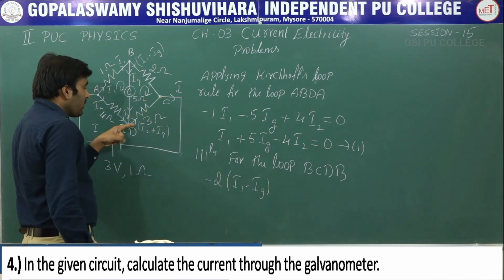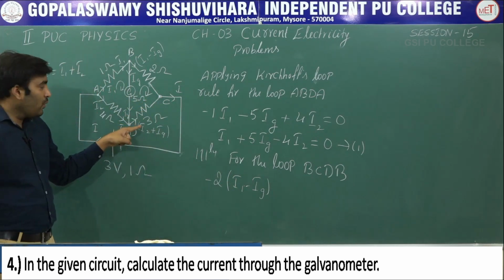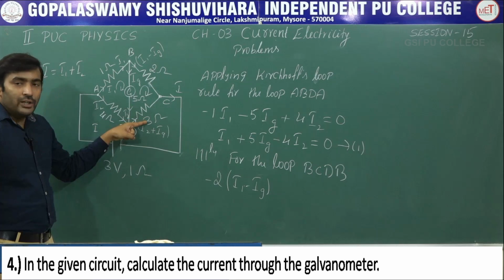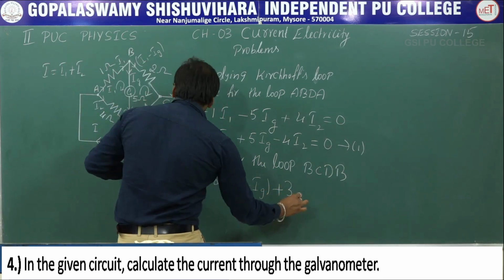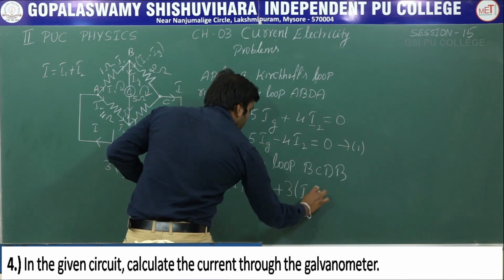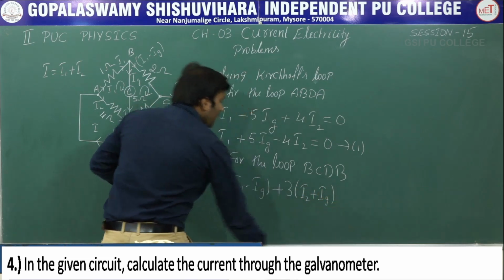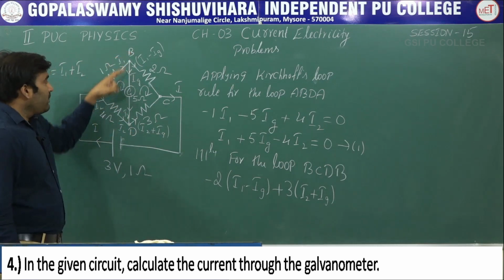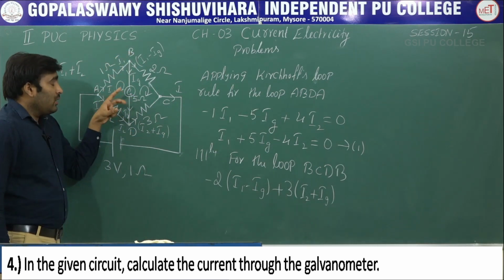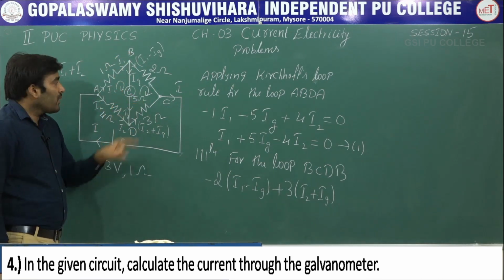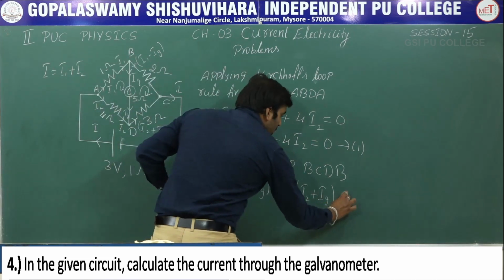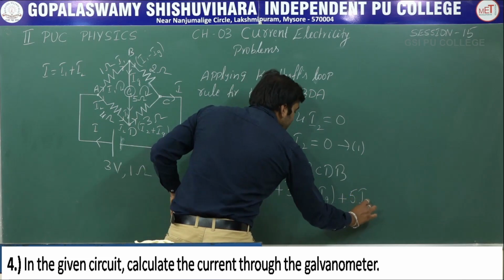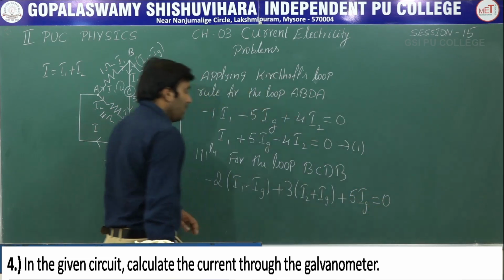From C to D, we are in the reverse direction to the current. Therefore the sign is positive, plus 3 into I2 plus Ig. From D to B, the resistance of the galvanometer is 5 ohm and current is Ig. Again we are in the reverse direction, therefore the sign is positive, plus 5 Ig is equal to 0.